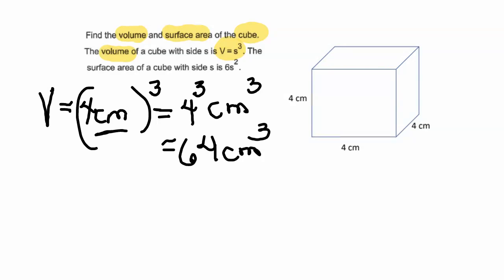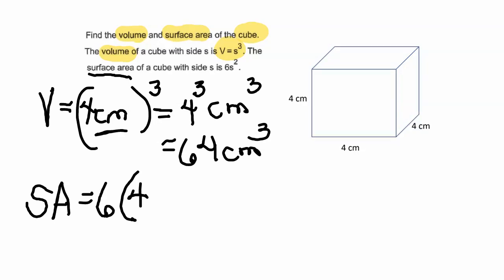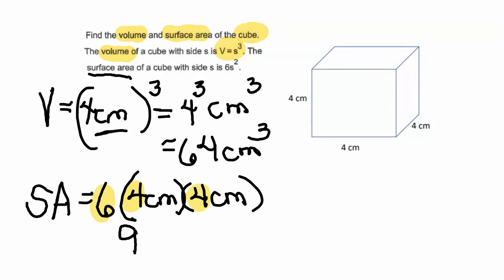Now, they then want surface area. Well, surface area, now it's 6 times 4 centimeters times 4 centimeters. Multiply the numbers. This 6 times 4 times 4 is going to give me 96 centimeters squared.